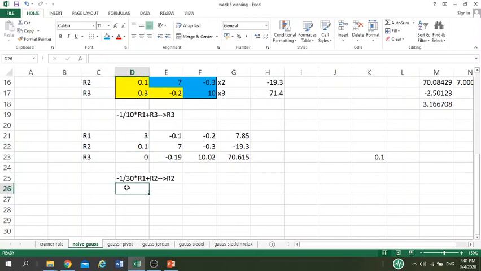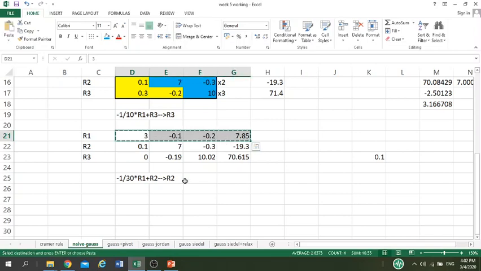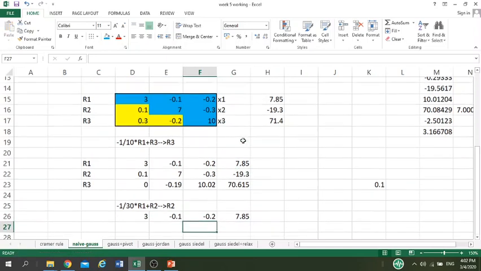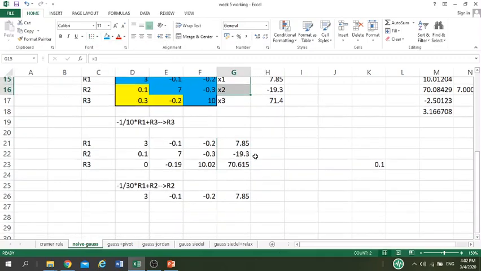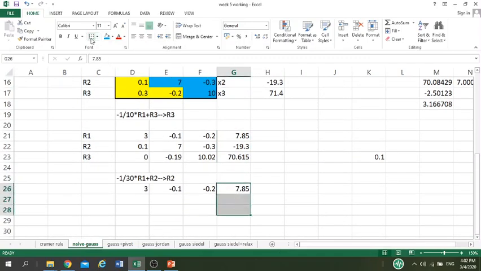So we don't change anything for the values in row 1. Okay, let me divide this, so this is our row 1, this is our row 2, row 3.